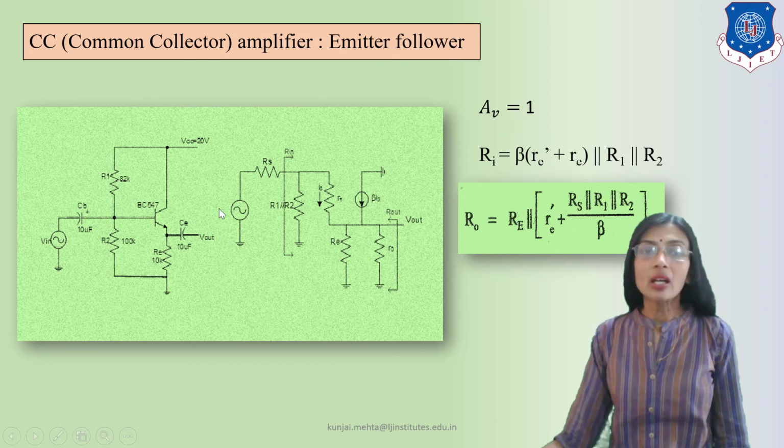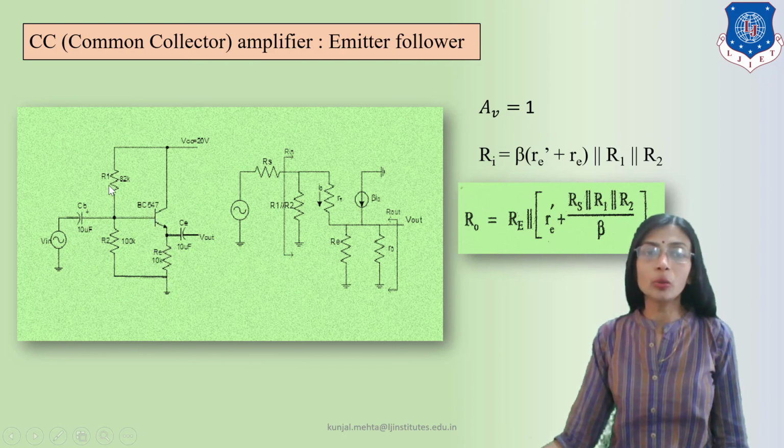How does it come? See, again this is the circuit diagram with the BJT symbol. Here the emitter is connected to the ground but via the biasing of RE. The base is connected through R1 and R2 and CB, that is the base capacitance, or C1, also known as the coupling capacitance.